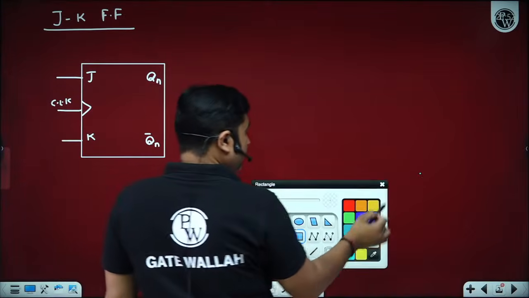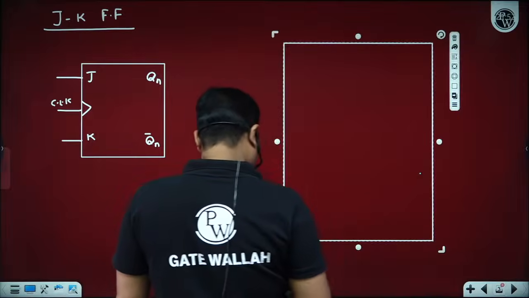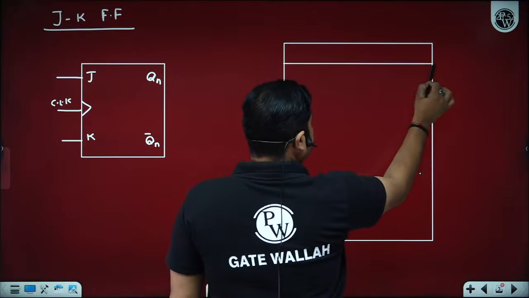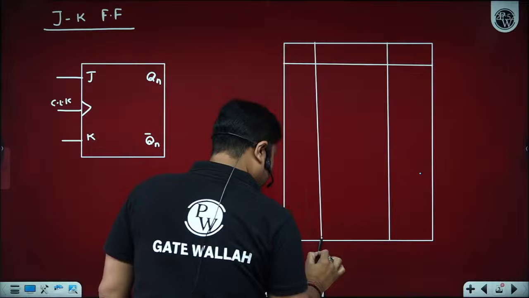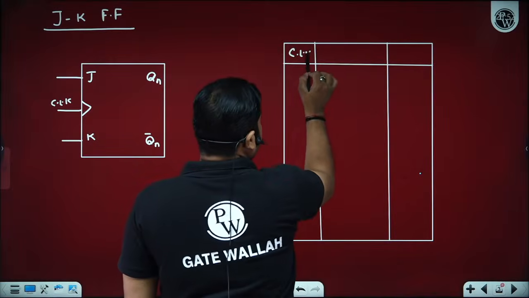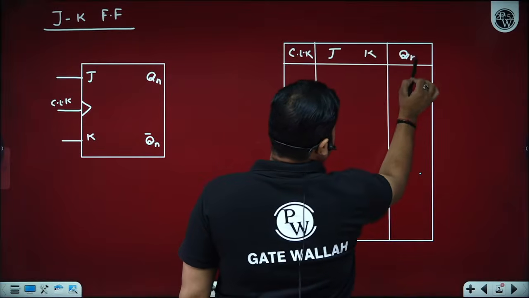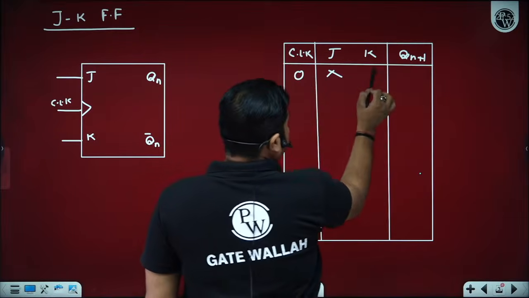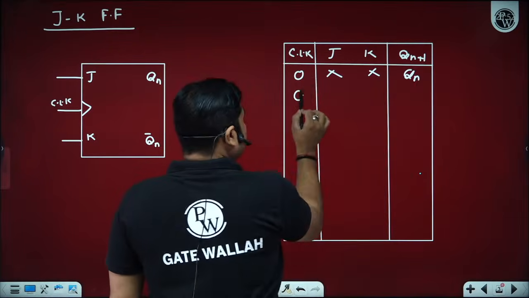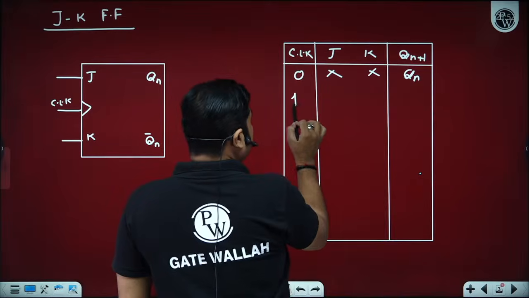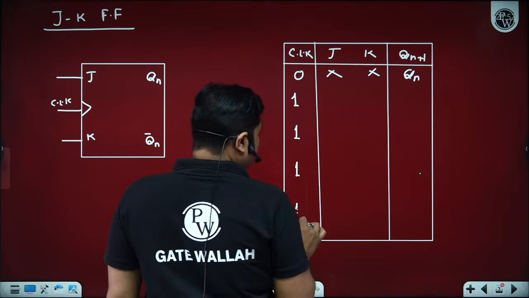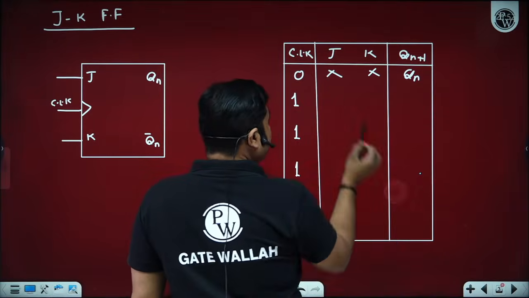Great. And the truth table of the JK flip-flop, based upon the clock and JK, we have Qn+1. When the clock is 0, then irrespective of J and K, the output will remain the same.